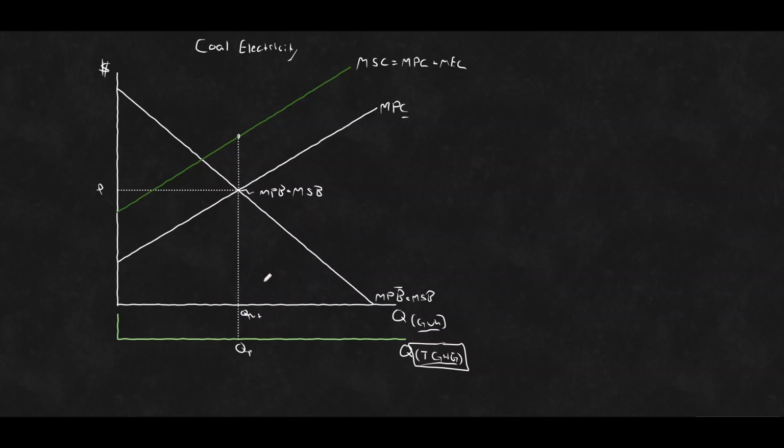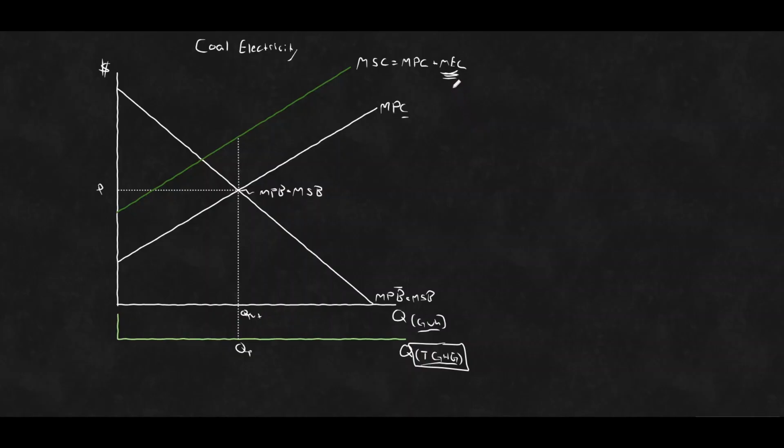Okay, so how can we go about fixing this? One of the ways that we can go about solving this is to say, hey, you coal-powered firm, start actually taking into account all of these external costs in your production process.